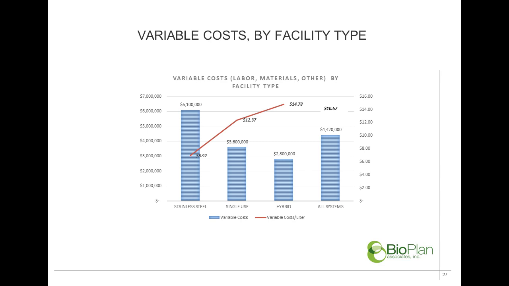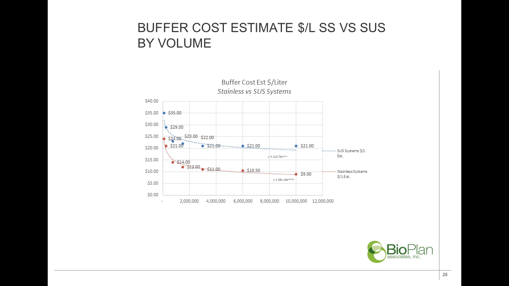So when we looked at the variable costs, just as an example, the variable costs by facility type, stainless versus single use, we see that overall the variable costs associated with the stainless facility is about $7 per liter and about $12 per liter in a single-use facility. And then when we look at the overall graphic, when you add it all up, these are the two graphs in terms of how cost is affected by scale.